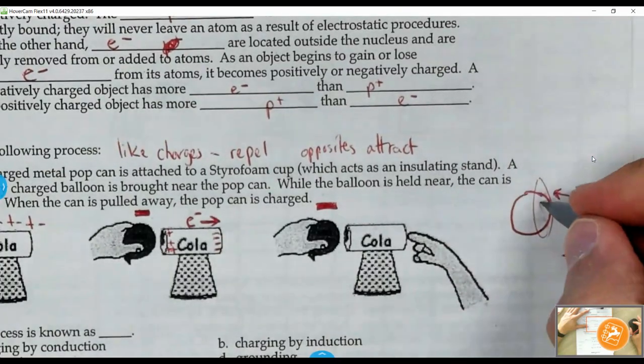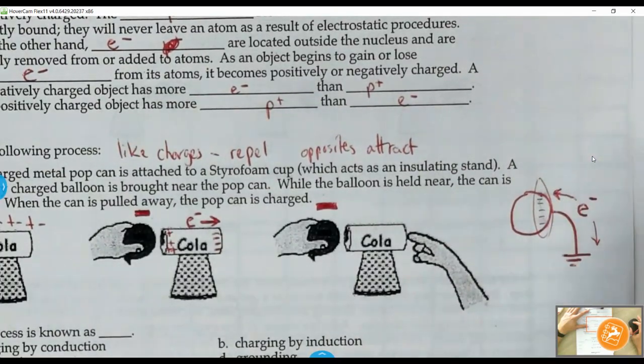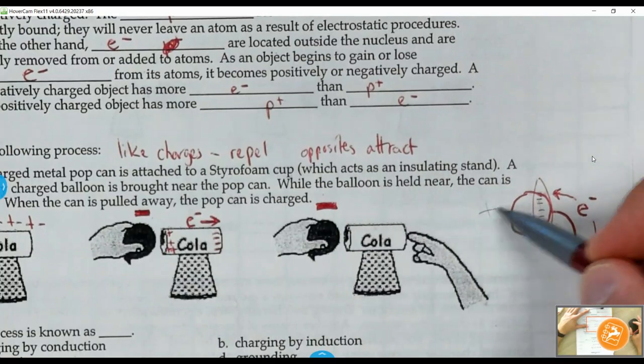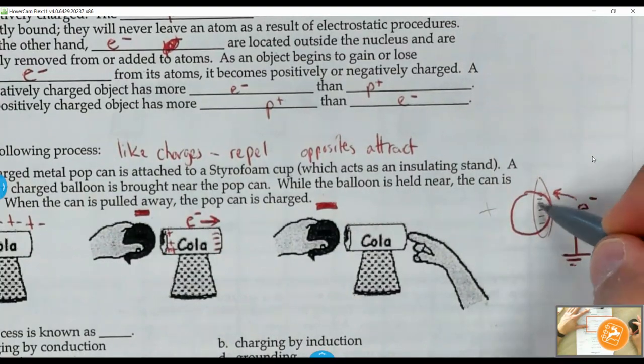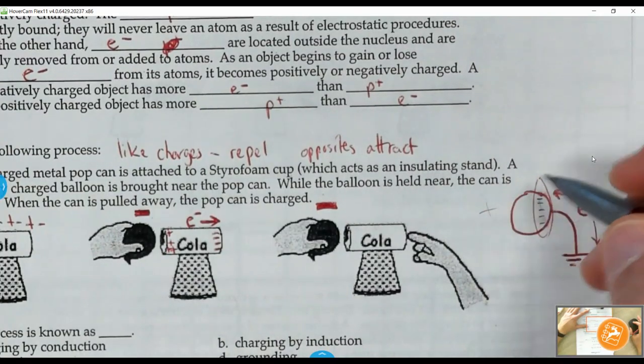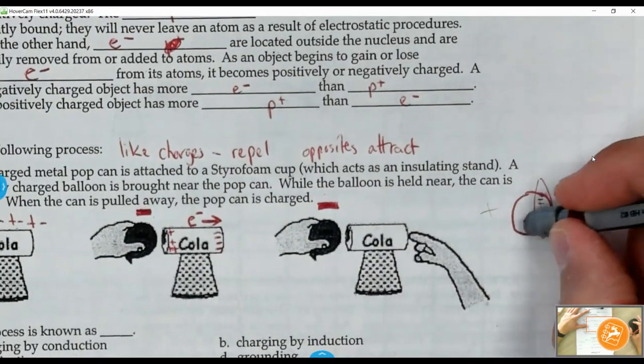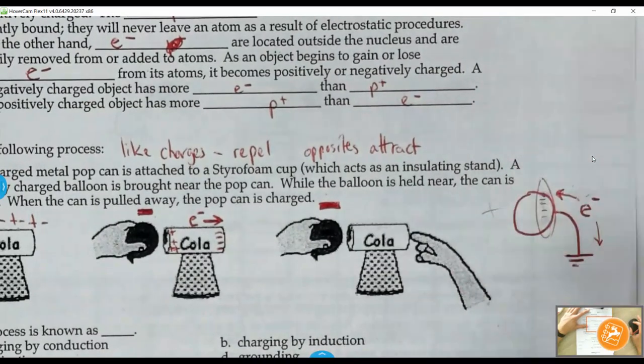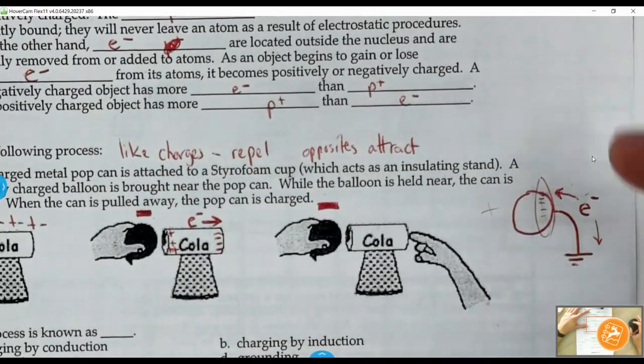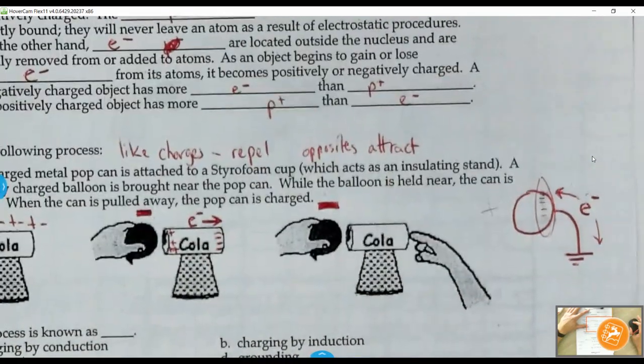Well, if this side was negatively charged because there's a very strong positive charge on this side, these electrons were going to want to try and get away from that positive charge. So some of the electrons would leave. Goodbye, goodbye, goodbye, and then take away the grounding wire, and now we're less electrons, positively charged. So that is essentially what is going to be happening here.